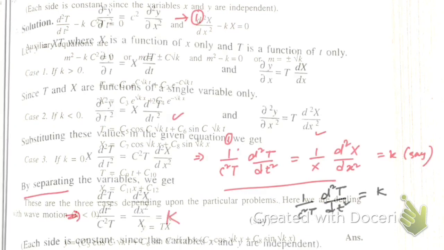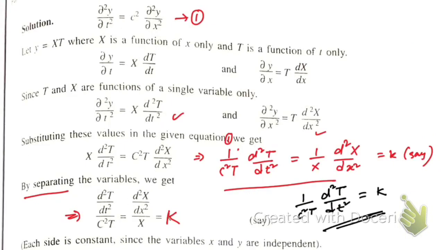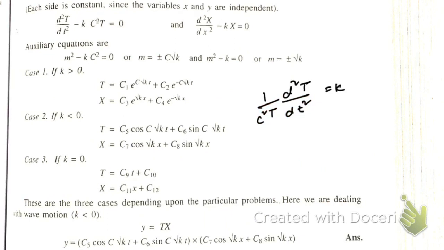Here you can see, from this equation we can write second order derivative of capital T with respect to small t equals k into c square T, and if you bring this to this side, we obtain this equation.